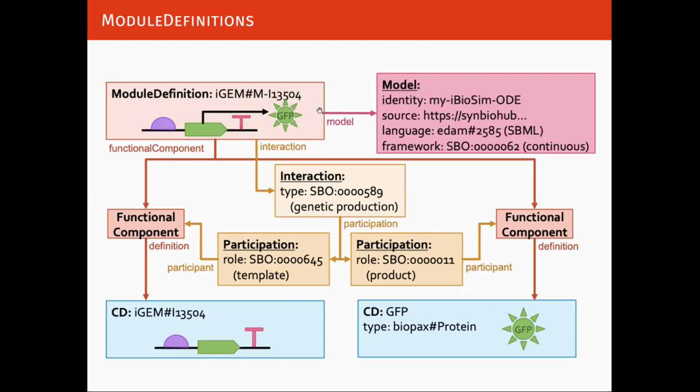And then finally, I have a link out here to a model object. The model object points to a model that's stored in SynBioHub that's described in the Systems Biology Markup Language, or SBML. It's an ODE, or continuous time model, of my genetic circuit that models the dynamics of my circuit.